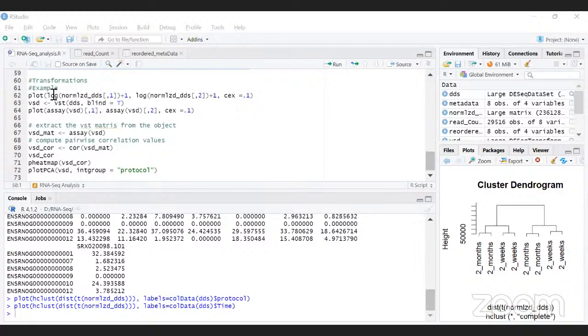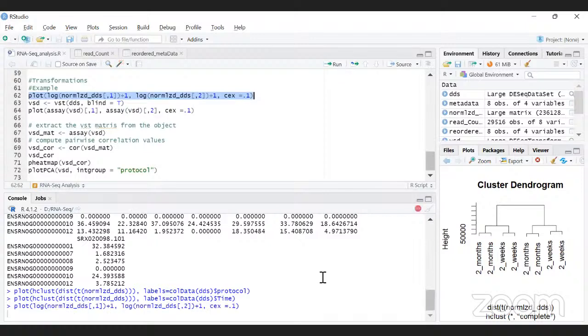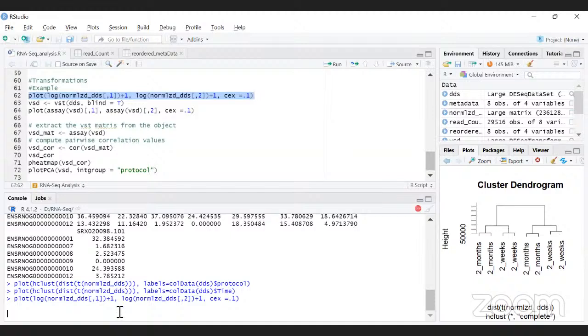So the thing is, for example, you're doing some normalization so that your normalized reads, if you want to look at them in a PCA plot. So the main problem with respect to RNA-seq is that, okay, it's taking a lot of time to plot.